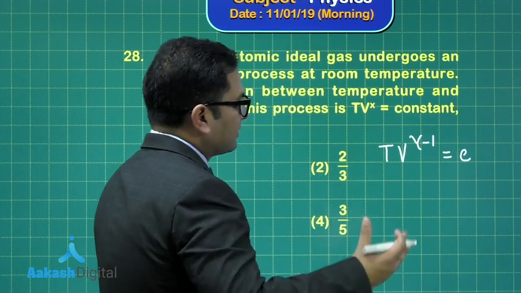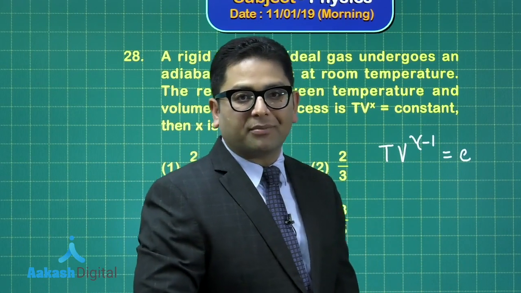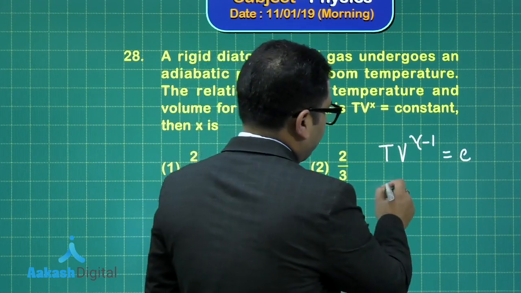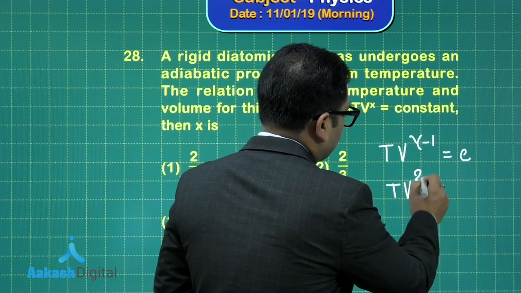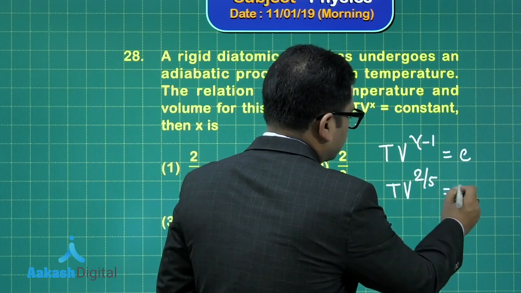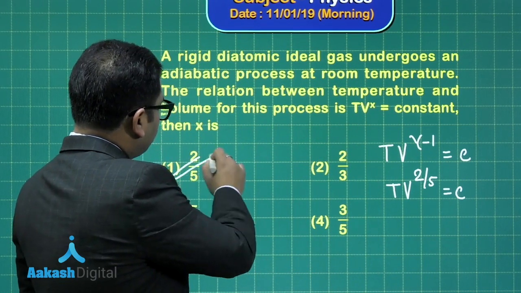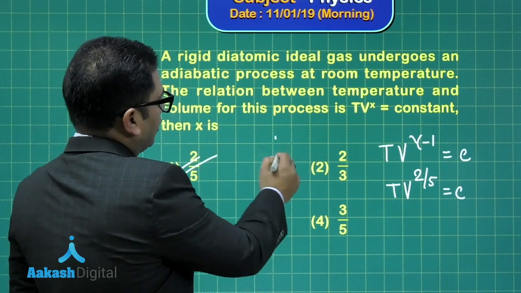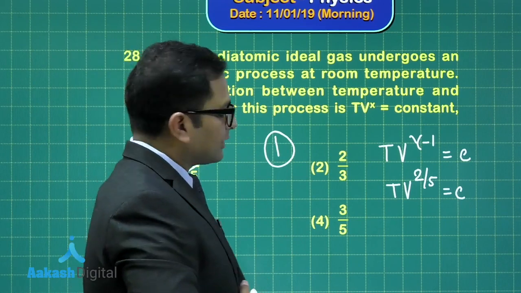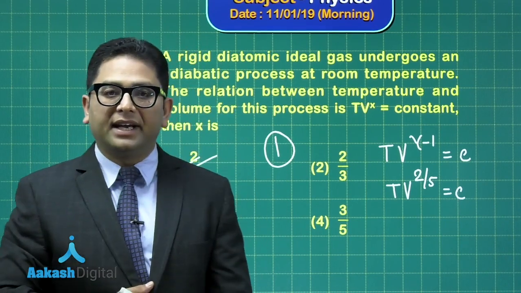Gamma being 7/5 for diatomic, gamma minus 1 is 2/5, so TV raised to the power 2/5 is constant, and this is x. So x would be option number 1, which comes out to be the correct option for question number 28.